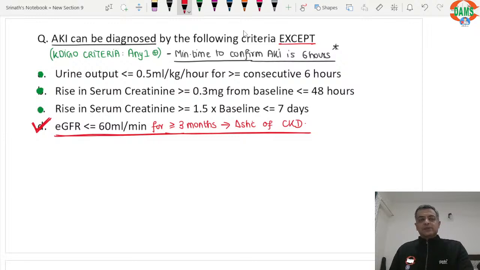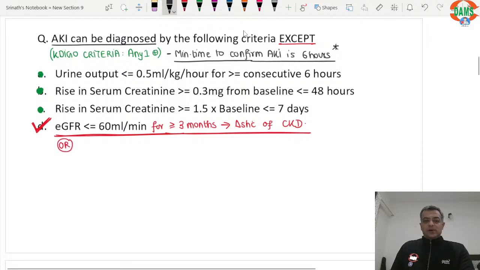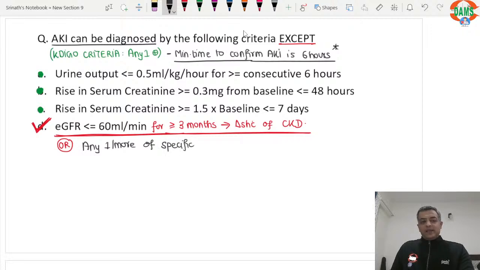CKD, of course, can also be confirmed if any specific feature is present. So for CKD, we want any one or more of the specific features present.